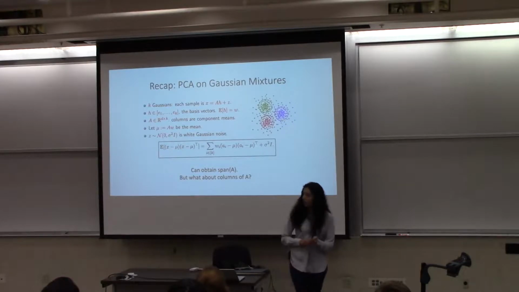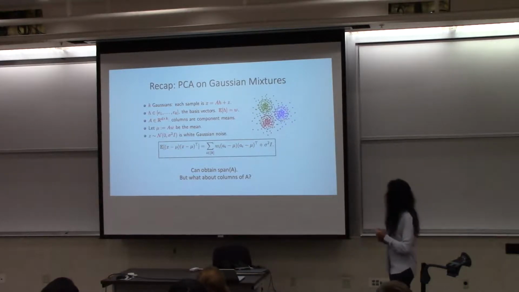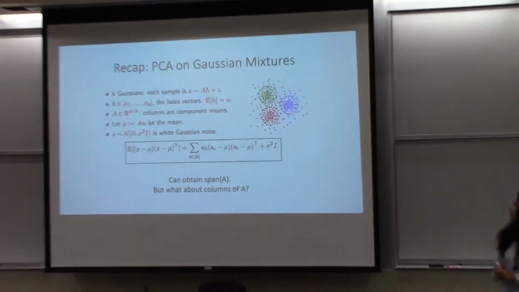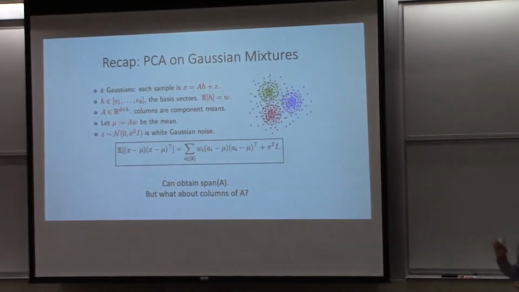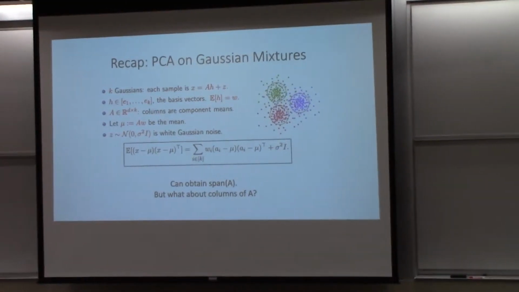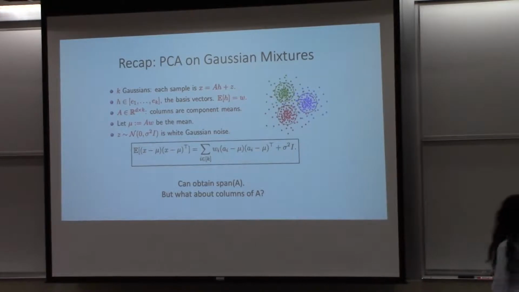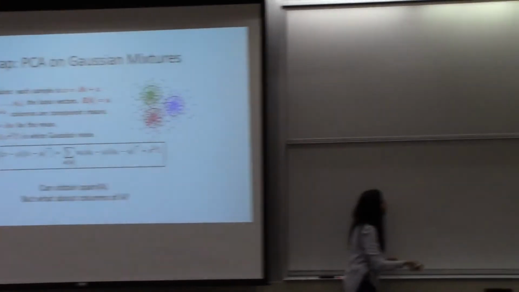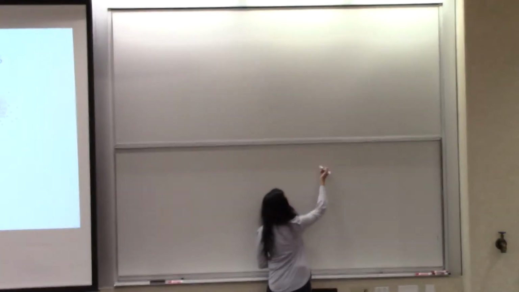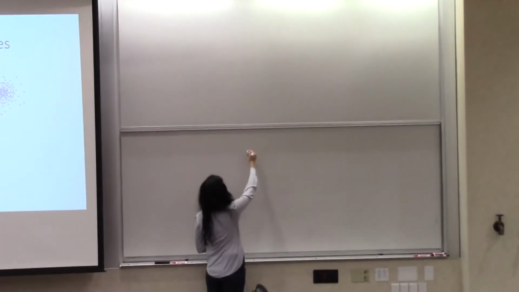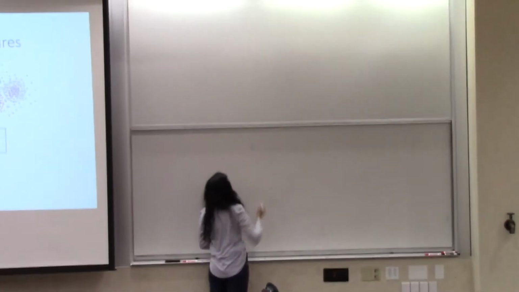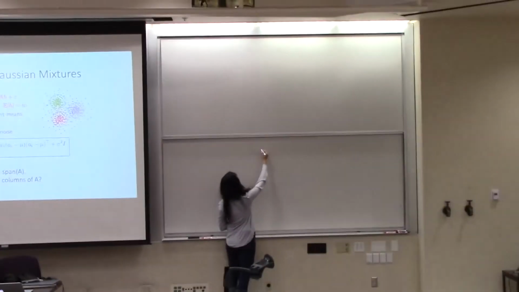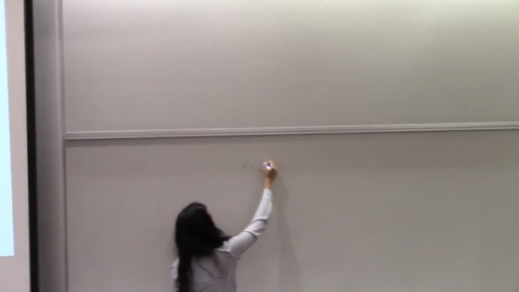So this is what we had from last lecture, and now we can see why tensors can be helpful, right? So if you recall, I'm going to rewrite it again here just to give you the intuition of how we formulate this mixture model. So we have the mean vectors, right?